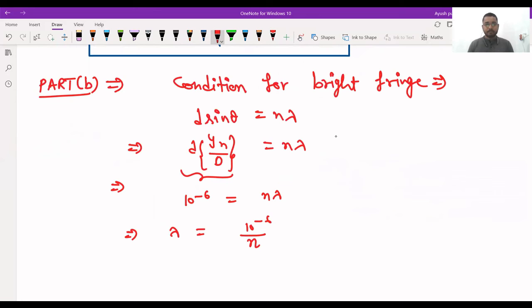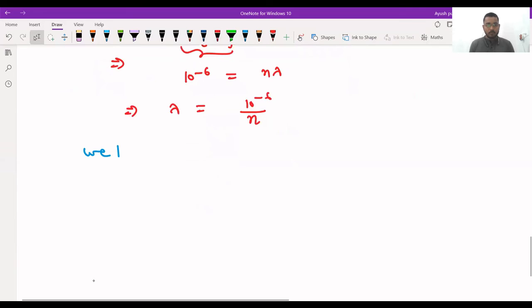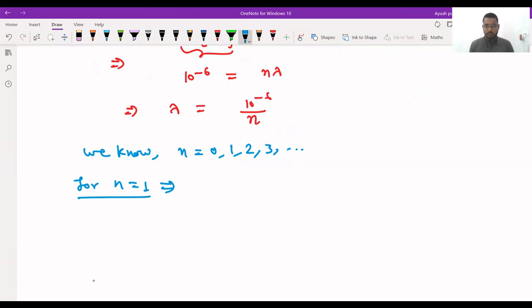We know n is equal to 0, 1, 2, 3, and so on. For n equal to 0 it will be undefined, but for n equal to 1 we can calculate. For n equal to 1, lambda 1 is equal to 10 to the power minus 6 divided by 1 meter, so this will be 1000 nanometer.